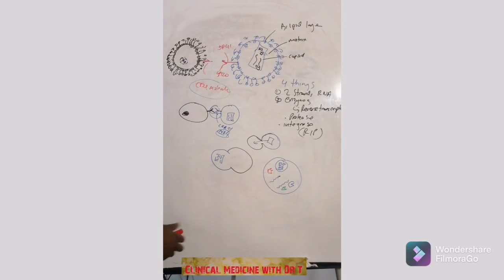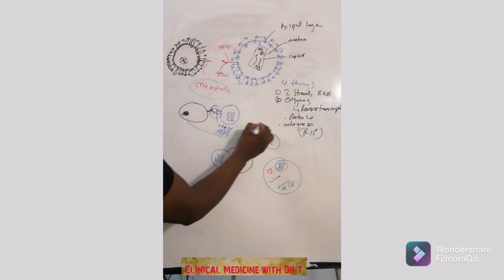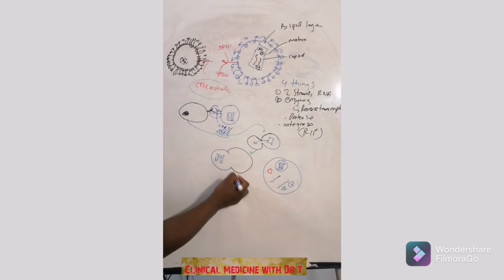In case you're wondering how we are moving, we had this, we moved into this, then we moved to here, and now we are here. Now you've got a lymphocyte that has the genetic material of the patient, and a cell that's got the genetic material of the virus together.